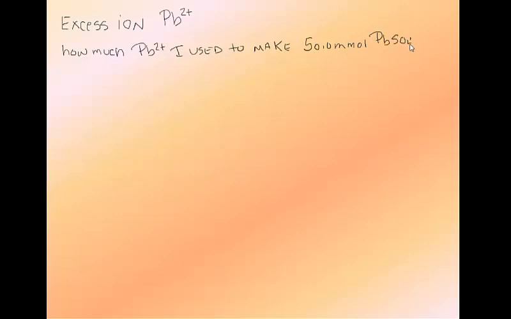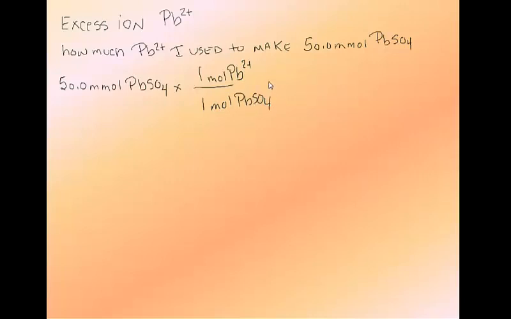Don't forget, the sulfate's used up. All those ions are gone. I do stoichiometry because I've got my 50 millimoles of the precipitate. It's a 1-to-1 ratio. For every 1 mole of product, I need 1 mole of lead ions. Which kind of makes sense if you think about it. I used 50 millimoles of the lead ion to make the 50 millimoles of the precipitate.